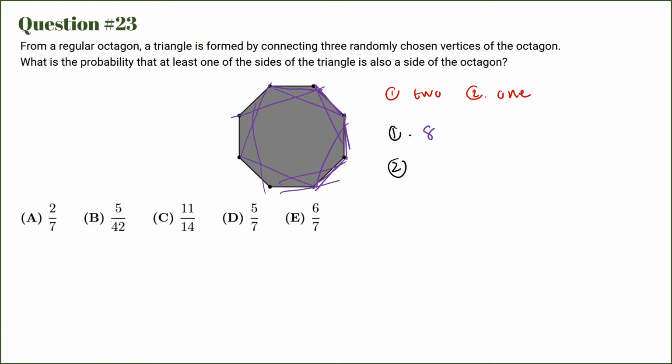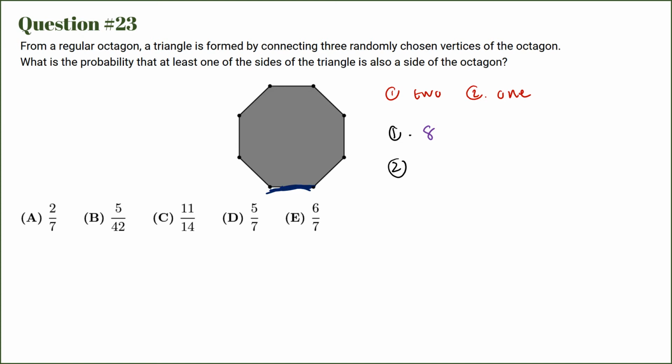For case 2, you might need to do a little bit more probability-based, combinatorics-based stuff. So for case 2, what is the probability that only one of these sides would be on the octagon?